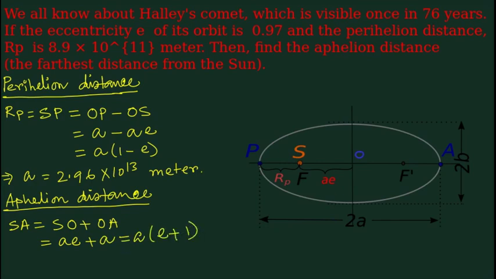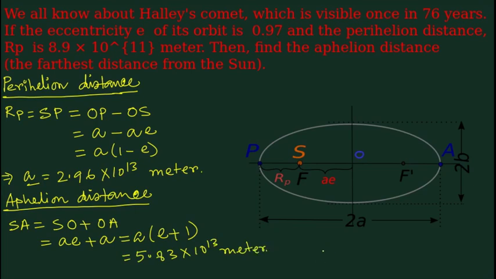So if we put the value of A, that is 2.96 times 10 to the power 13 meter, and E, that is 0.97, then we will have 5.83 times 10 to the power 13 meter.